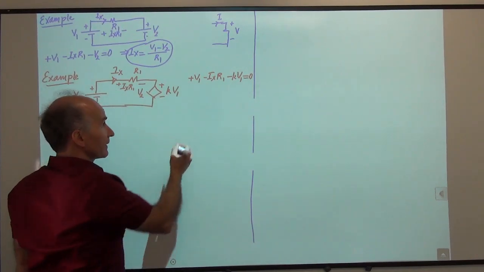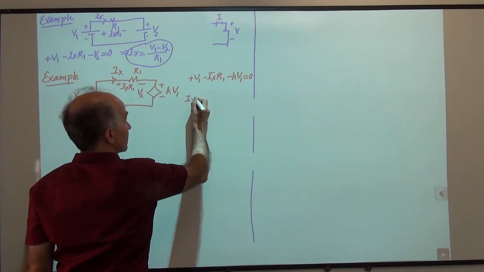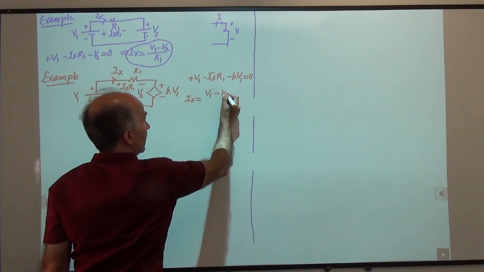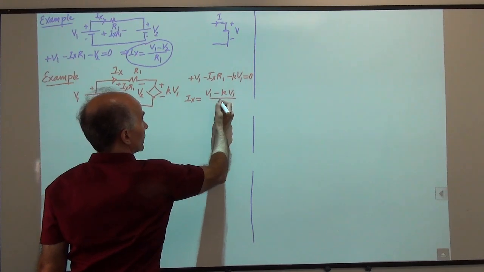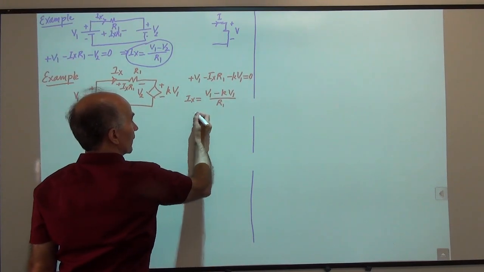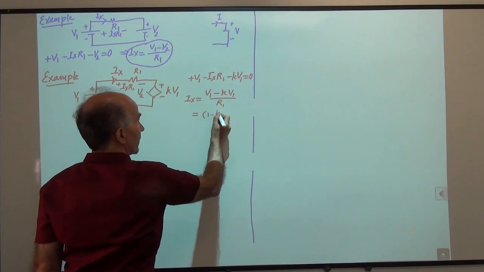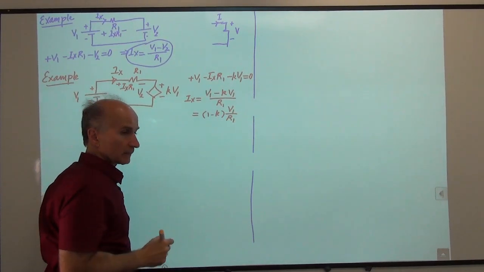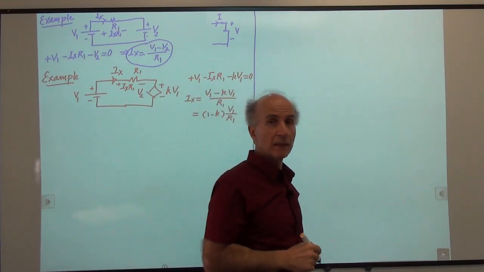So we're interested in Ix, so we can say that Ix is equal to V1 minus KV1 over R1. Or if you want to simplify it, V1 times (1 minus K) over R1. Okay, so a nice little circuit that does this.